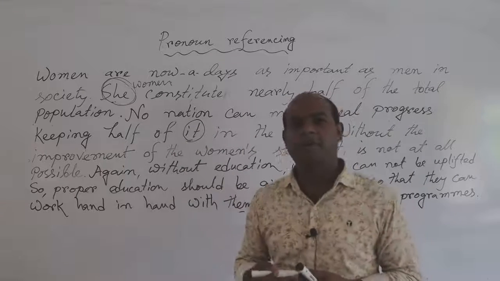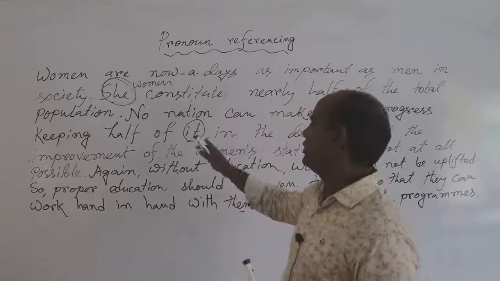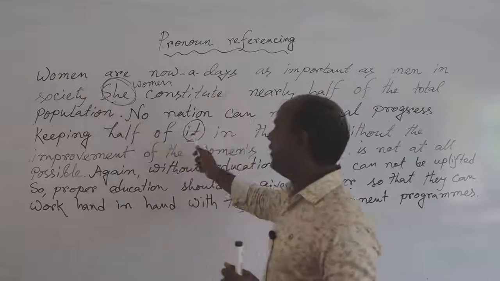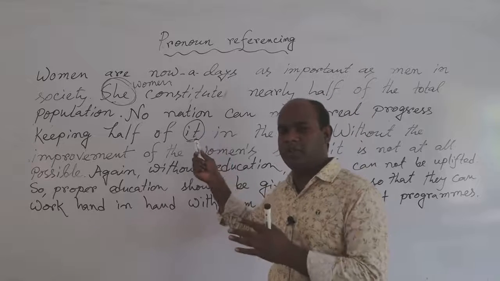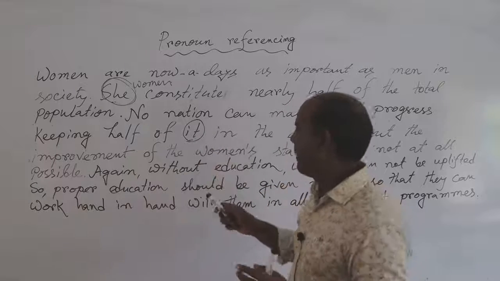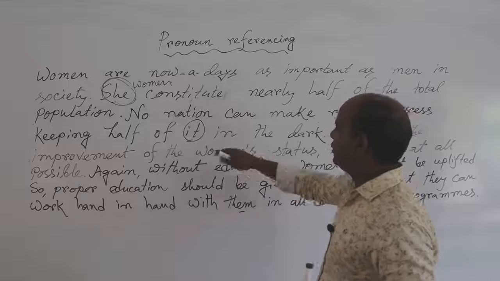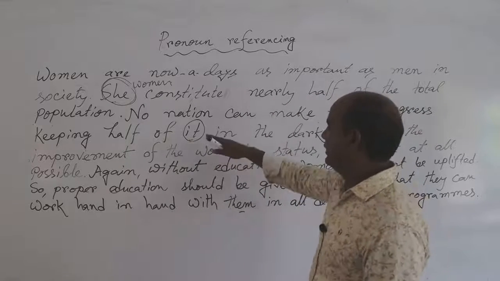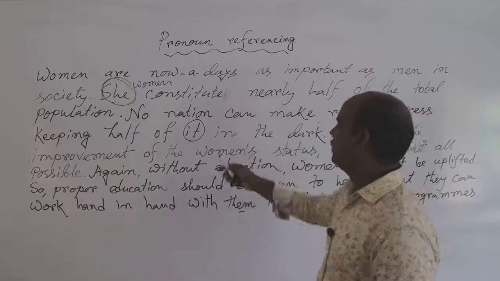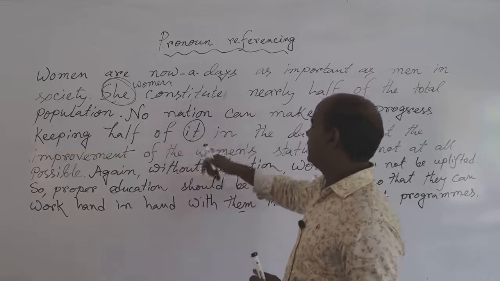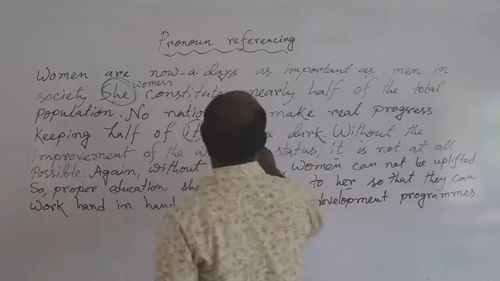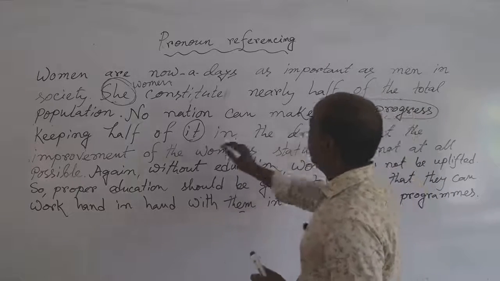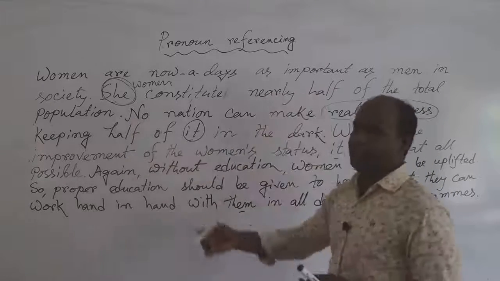It is also a pronoun, and it is used for things, not persons. It is used for a singular thing. But the sentence is not actually clear. If we use real progress, then it will be clear.